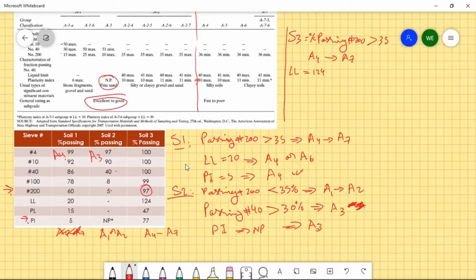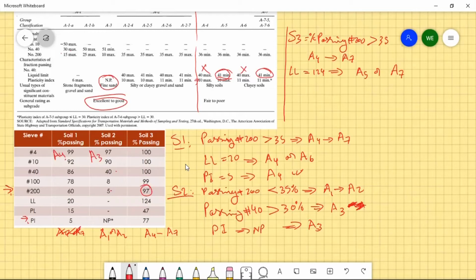For the liquid limit, maximum 40, so it's not this one, but it's either A5 or A7, either classification.